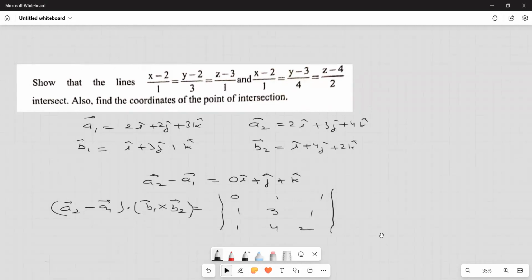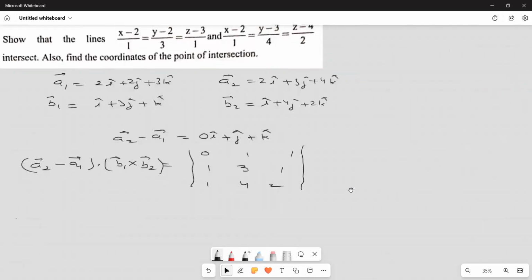Expand this determinant. If they intersect, this will be 0. So let us see, this is 0, so no need to expand. Then minus 1 into 2 minus 1, 1 plus 1, 4 minus 3. So this is minus 1 plus 1, 0. So the lines intersect. Therefore, lines intersect.